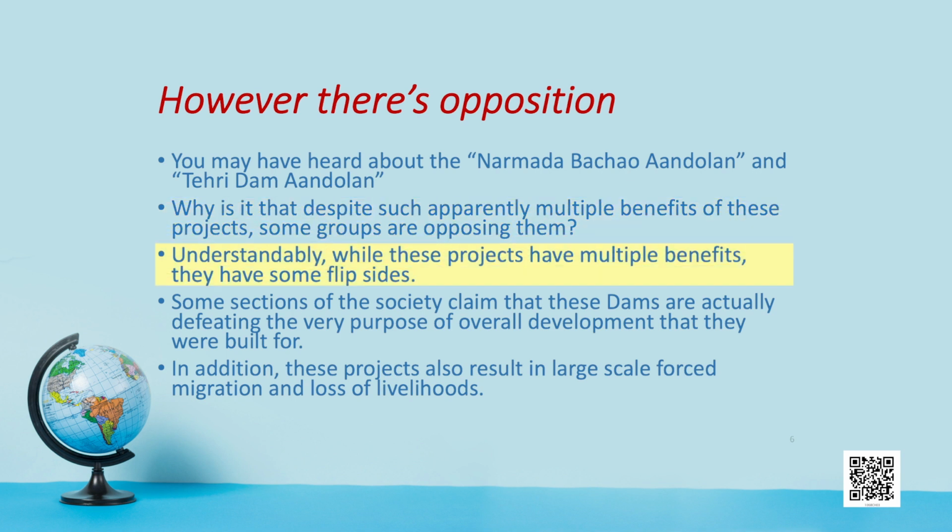Understandably, while these projects have multiple benefits, they have some flip sides. Some sections of the society claim that these dams are actually defeating the very purpose of overall development that they were built for. In addition, these projects also result in large-scale forced migration and loss of livelihoods.